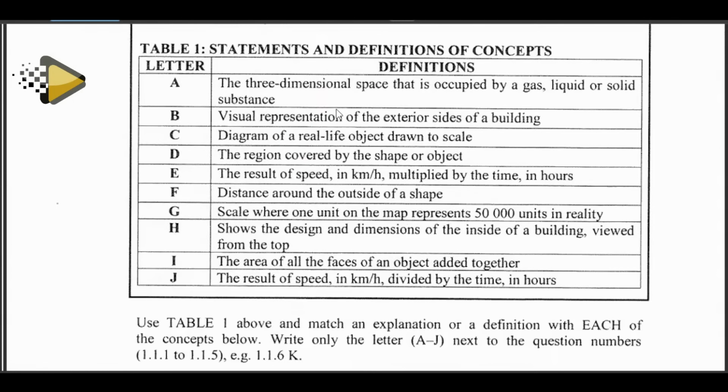Here we have a 3-dimension space that is occupied by a gas, liquid, or solid. This has to be what? Volume. Space inside. Okay. Then a virtual representation of the exterior sides of a building. This is called an elevation.